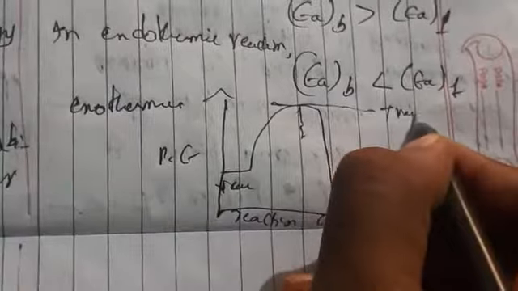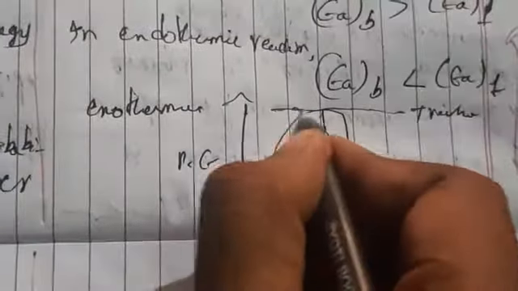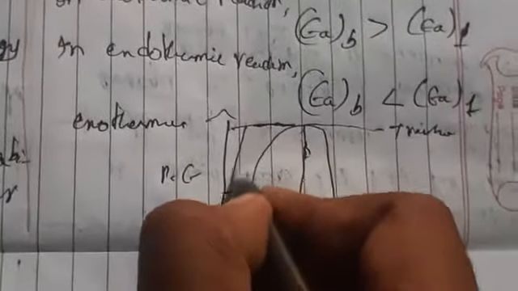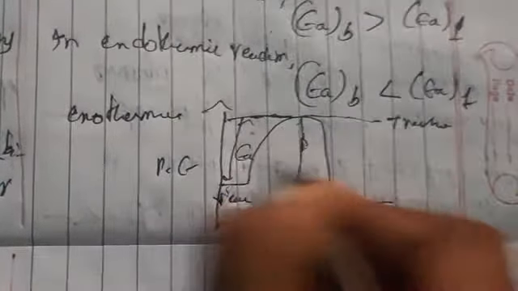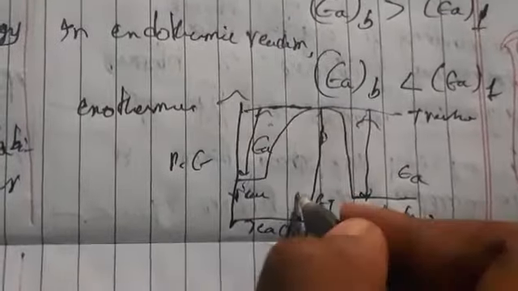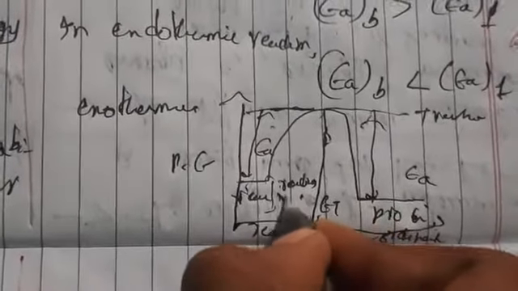This is the threshold energy, ET. Here the distance from reactants to threshold is the activation energy Ea, and from products to threshold we also get an activation energy. This is for an exothermic reaction, with potential energy on the y-axis and reaction coordinate on the x-axis.